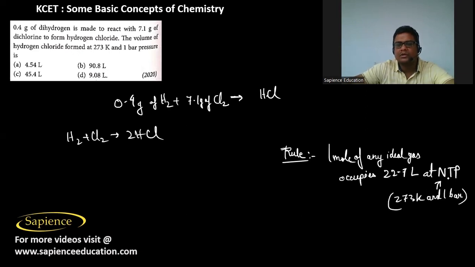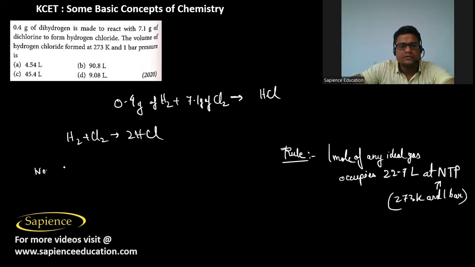NTP means normal temperature and pressure. Now, if 1 mole of H2 reacts with 1 mole of Cl2, then 2 moles of HCl are formed.